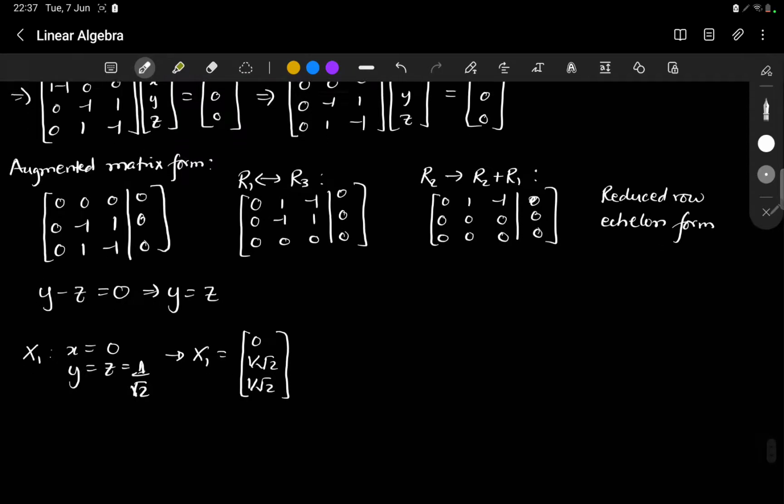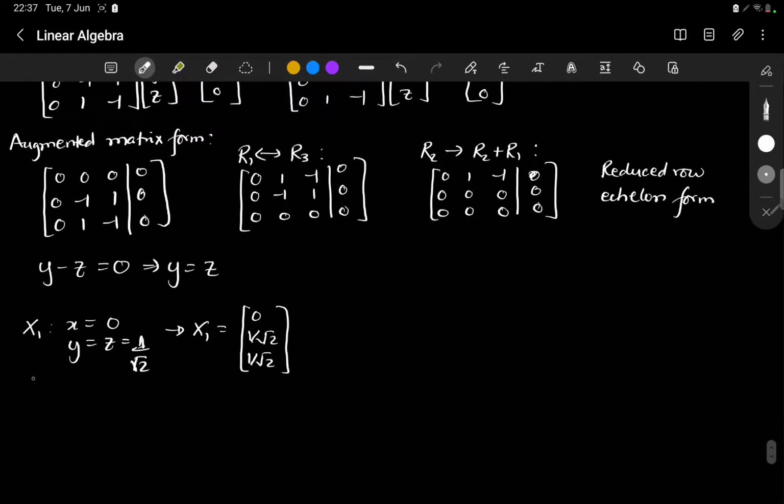So this is one combination, and another combination we can get is by swapping the 1 and 0. So x equal to now 1 and y equal to z equal to 0. So this gives another distinct eigenvector.